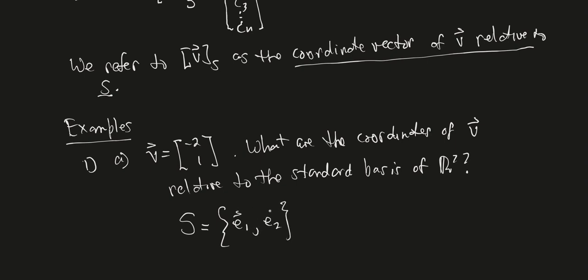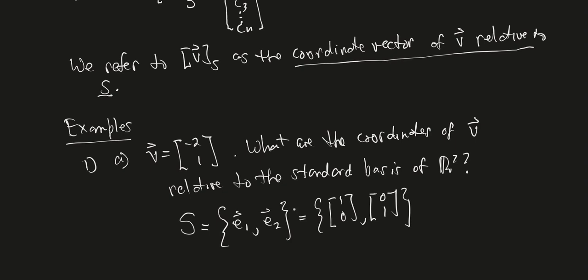These are our special vectors where the 1 represents the entry in the vector that has the number 1, and all the other entries are 0. So that's our 1, 0 and 0, 1 vectors, right? This is the order that the standard basis is understood to be in.